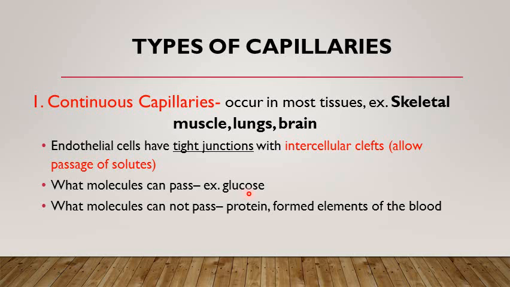Glucose is mostly required in the brain, the lung and skeletal muscular tissue for energy and metabolic purposes, so only glucose passes through the continuous capillaries.